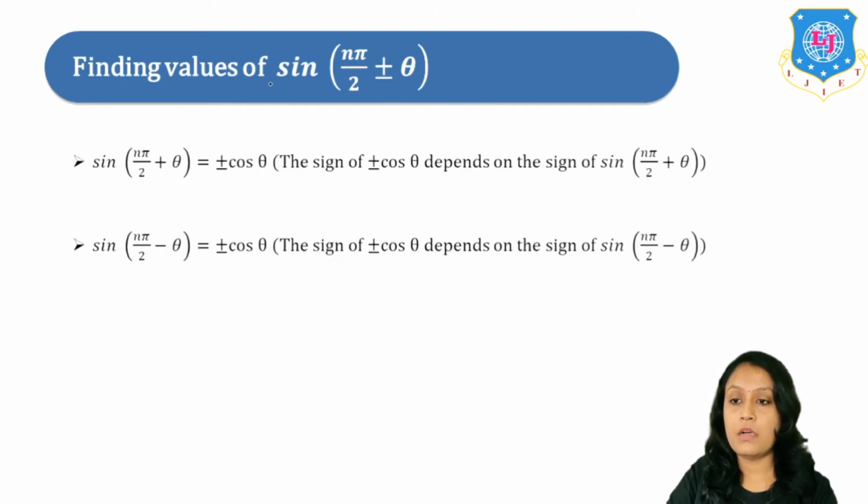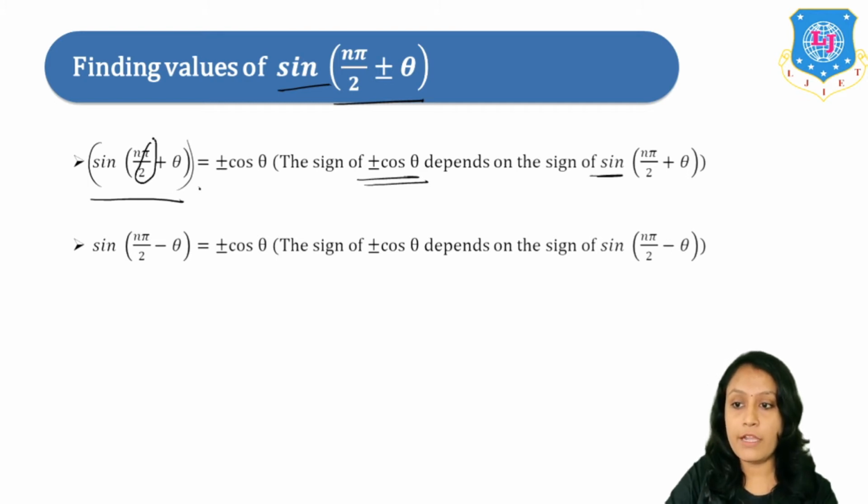Now let's study how to find the values of sine of n pi by 2 plus or minus theta. So sine of n pi by 2 plus theta will give you plus or minus cos theta, and whether it is plus or minus will depend on the sign of sine of n pi by 2 plus theta. Whenever we have pi by 2 over here, the sine function will convert to cos function.